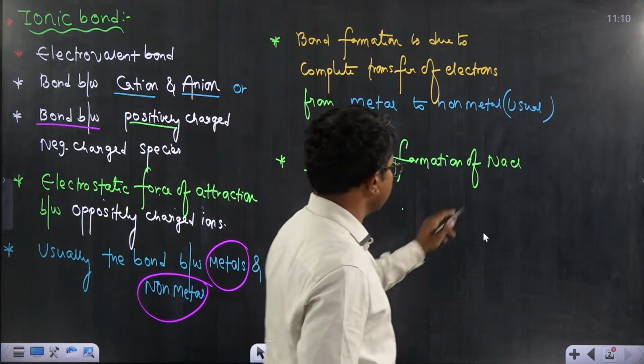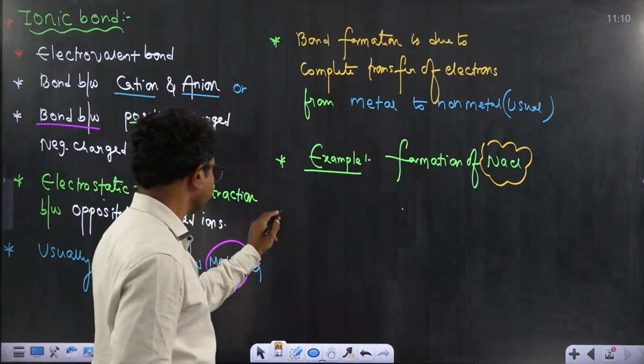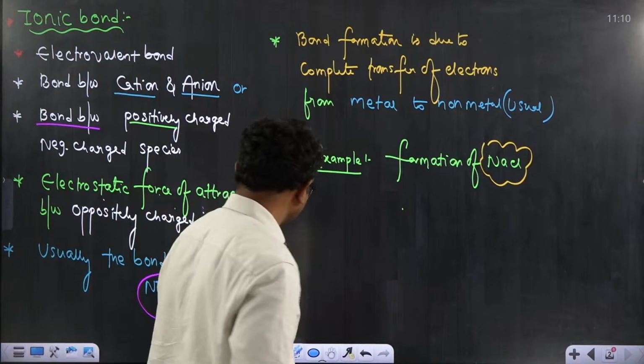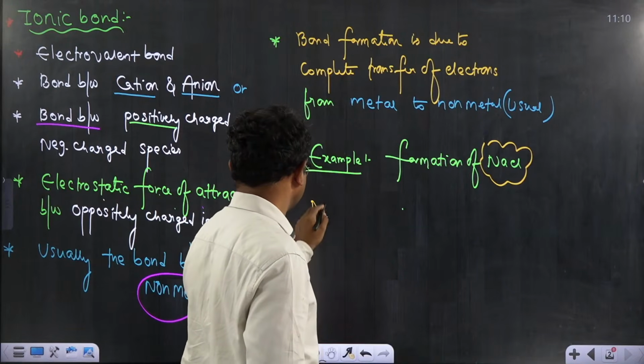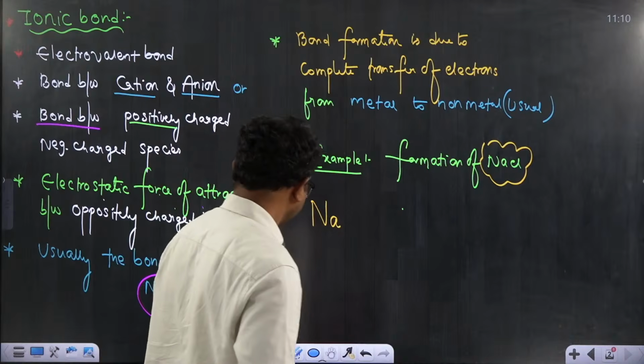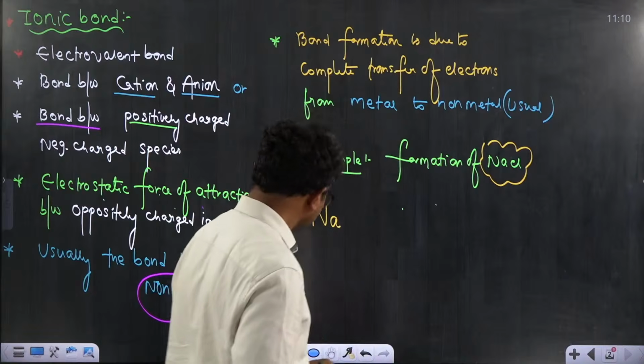Let's consider the formation of NaCl. Look carefully. Na is usually a metal, sodium, which normally exists in solid state.